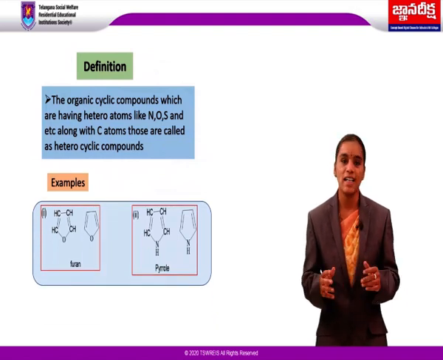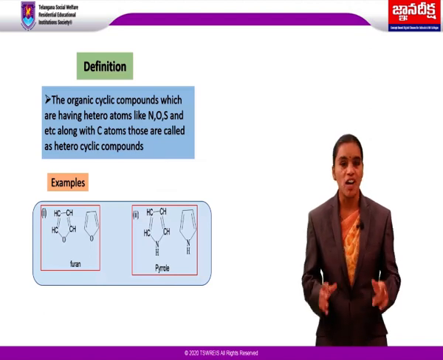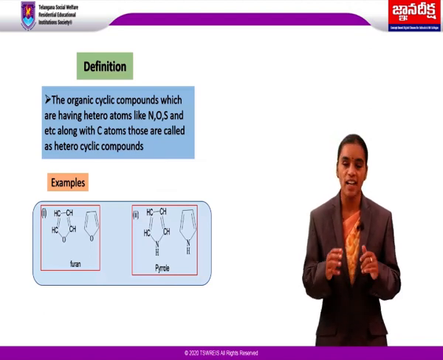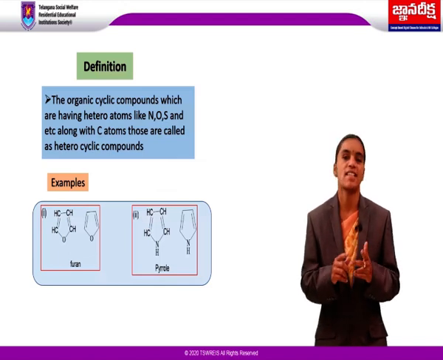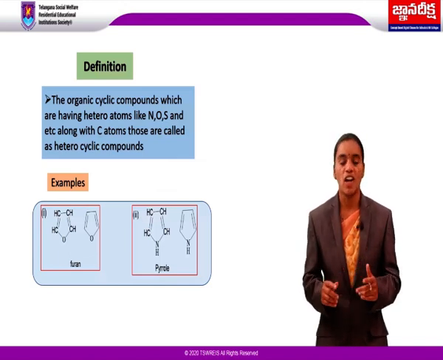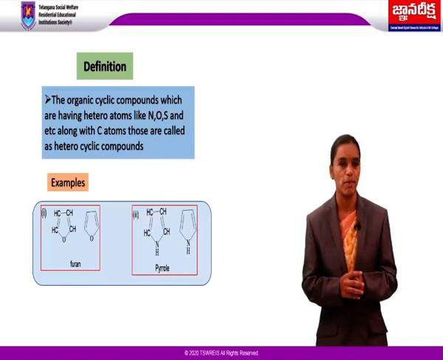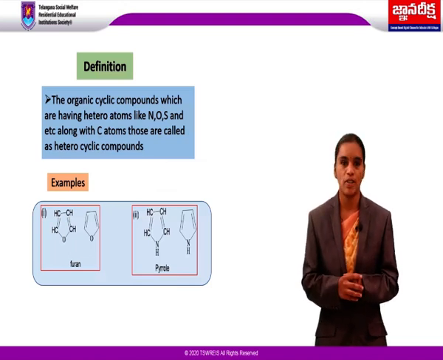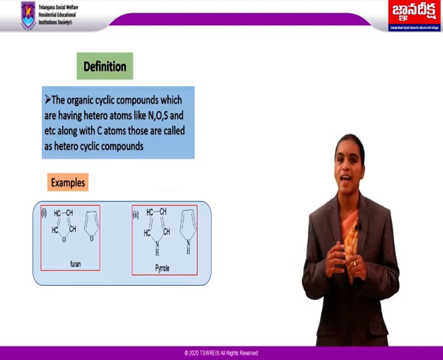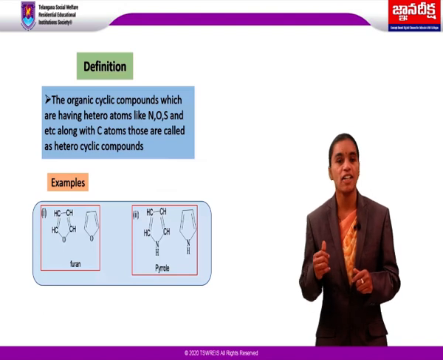So, finally, the definition of heterocyclic compounds is: the organic cyclic compounds which have heteroatoms like nitrogen, oxygen, sulfur, etc. along with carbon atoms are called heterocyclic compounds. Look at the picture. These are examples of heterocyclic compounds. Basically, these are cyclic compounds having the heteroatoms oxygen and nitrogen.